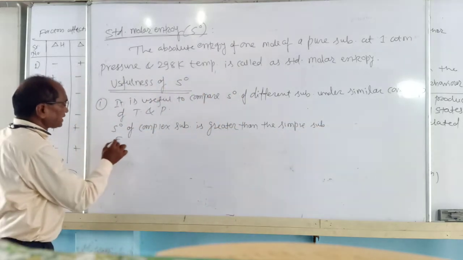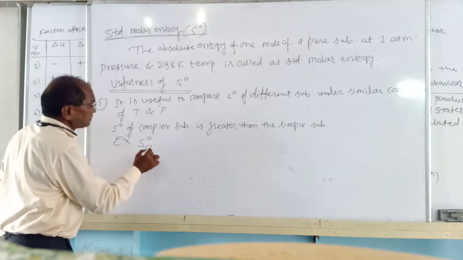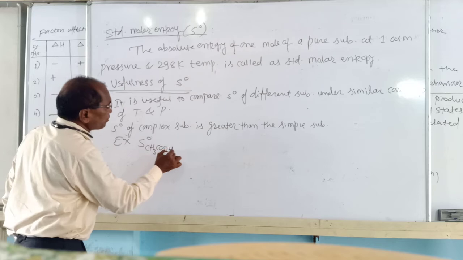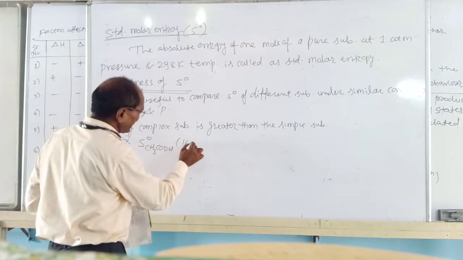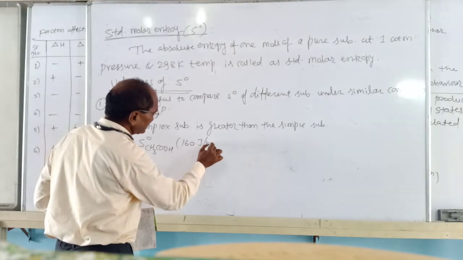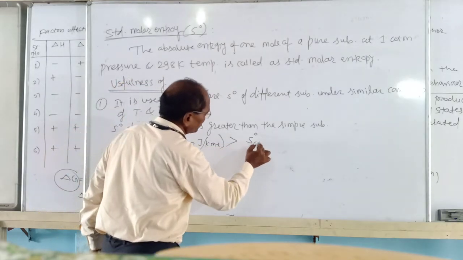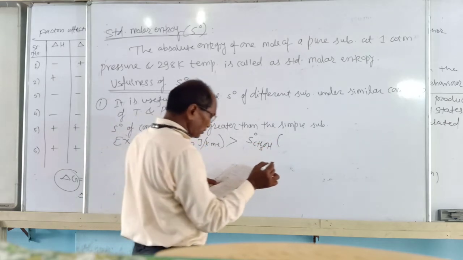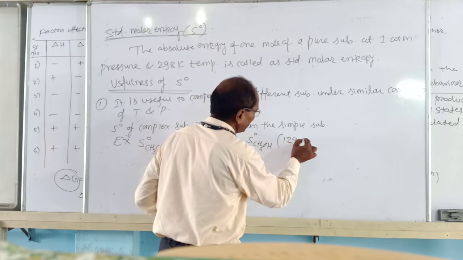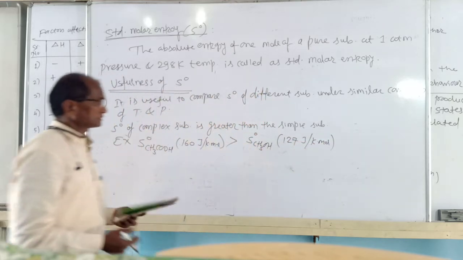For example, S0 of CH3COOH, its value is 160 Joule per Kelvin mole, is greater than S0 of CH3OH, its value is 127 Joule per Kelvin mole.